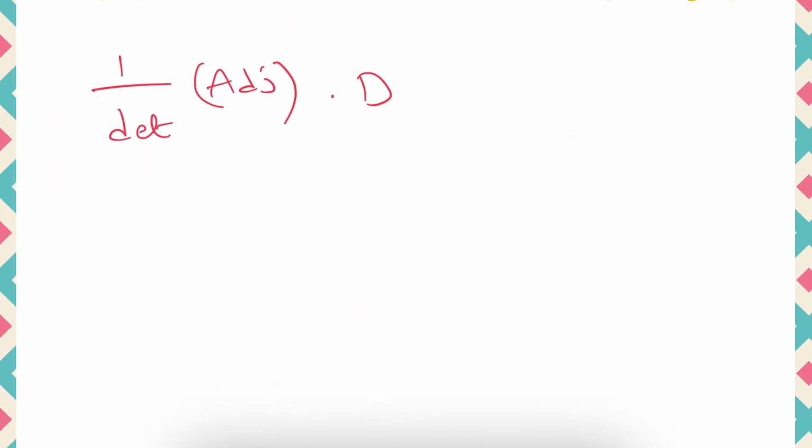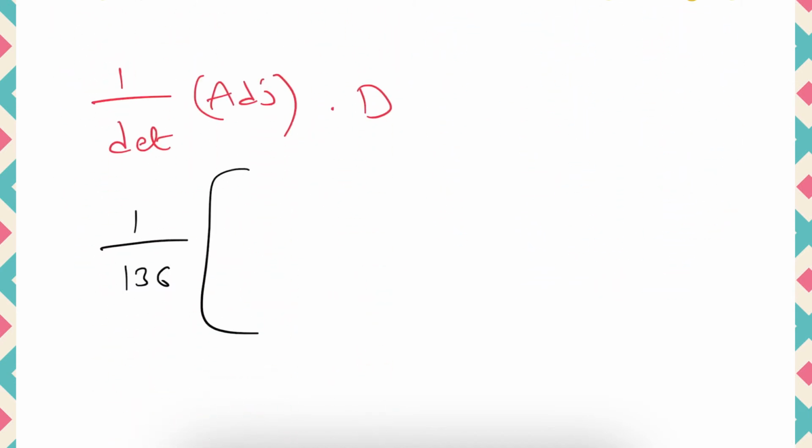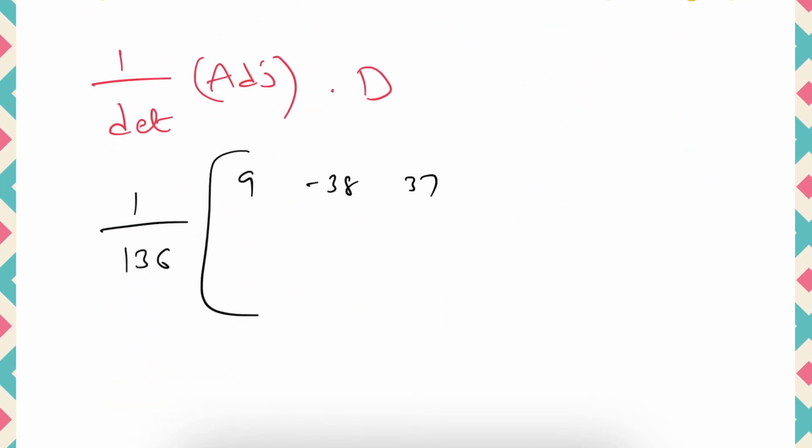Okay, let us write all together now. 1 divided by determinant we got as 136, and next adjoint we got just now, that is 9, minus 38, 37. Then comes 26, minus 4, minus 14.